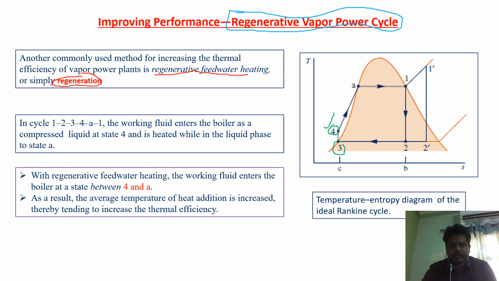But in case of the regenerative vapor cycle, instead of entering at point 4, the compressed fluid will enter between 4 and A into the boiler. Here the advantage is that when the compressed fluid enters between 4 and A, the average temperature will increase in the heat addition process, so that the efficiency will be increased.